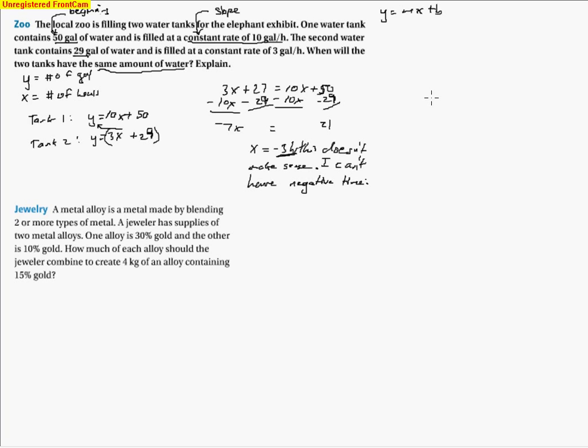So our problem is this, the second tank, or tank 2, fills at a slower rate and has less to start with.